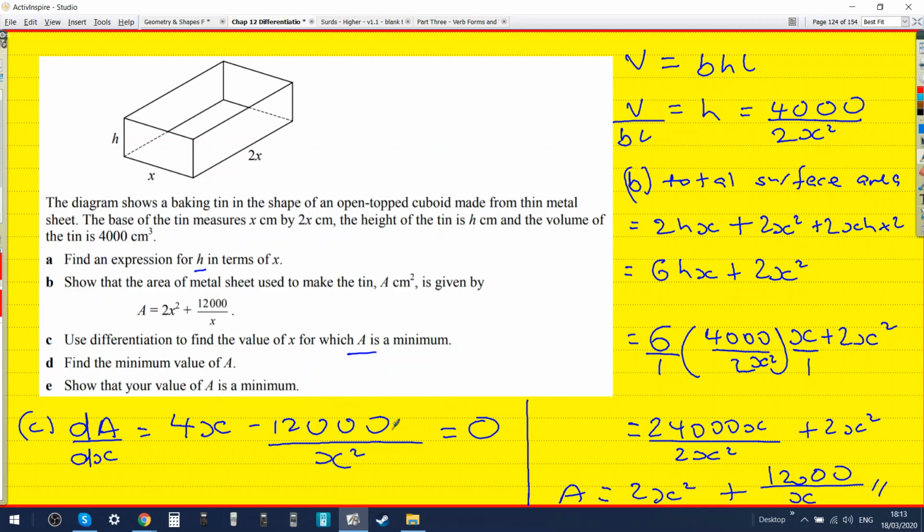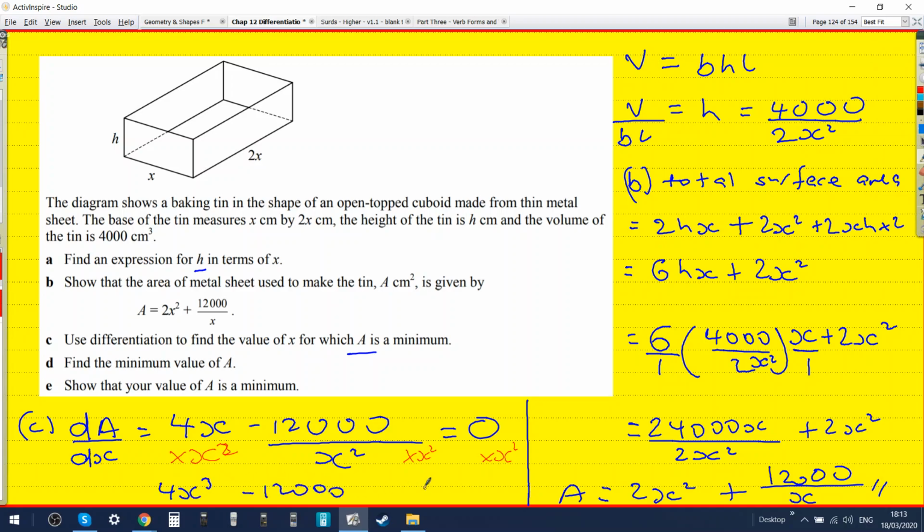What's difficult about solving this? It's over x squared. How could you get rid of that? Times by x squared. Yep. So we get 4x cubed minus 12,000. So then 4x cubed is equal to 12,000.